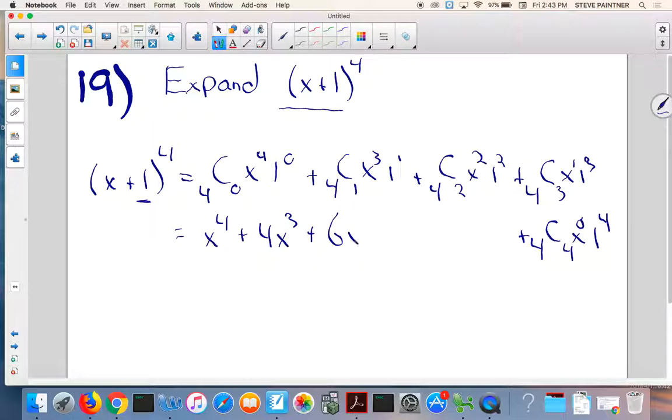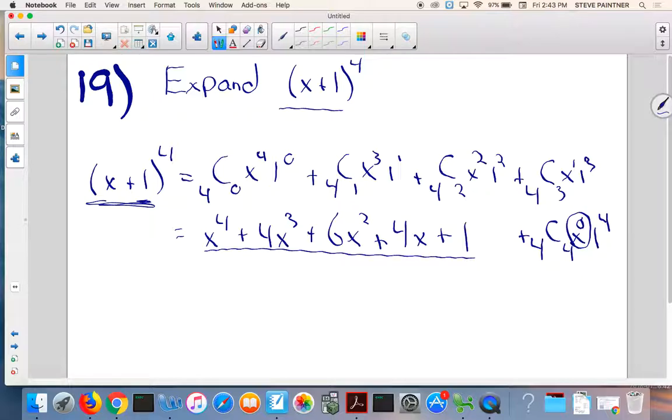So you would get 6x squared plus 4 choose 3 is 4. So 4x, and 4 choose 4 is 1. So you'd end up with x to the 0th power here, and that's just 1. So 1 to the fourth, 1. So that would be x plus 1 to the fourth totally expanded.